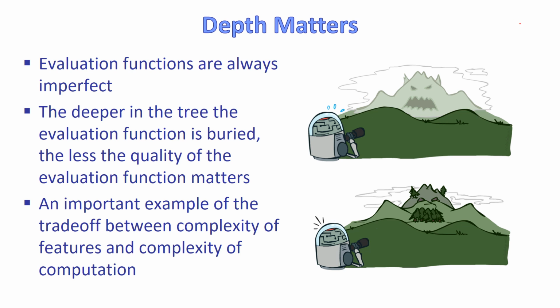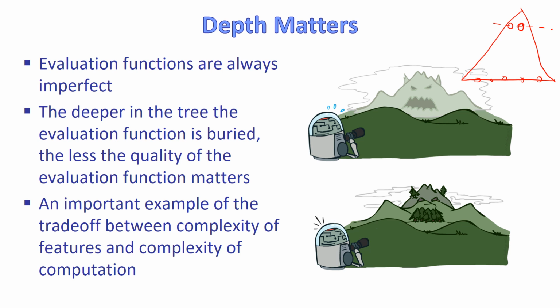Let's say that this is the entire tree, and these are the terminal nodes, and let's say that we are here. Our depth is limited to here. So that means that the values of the non-terminal nodes here will be approximated by an evaluation function.